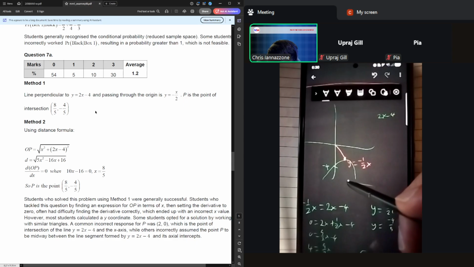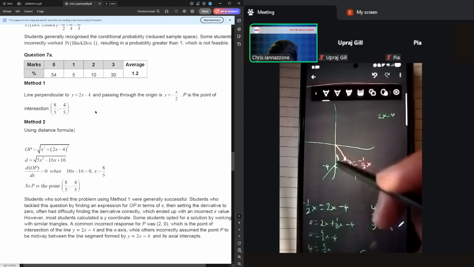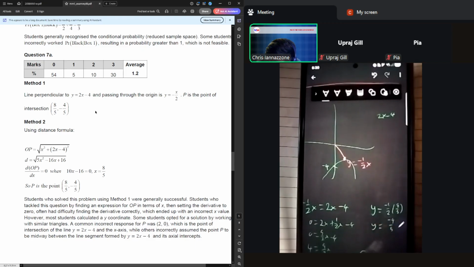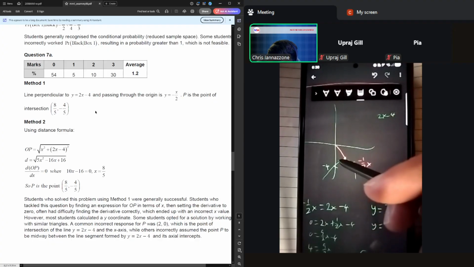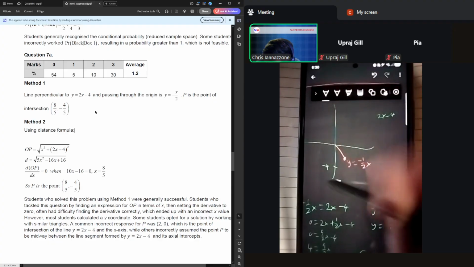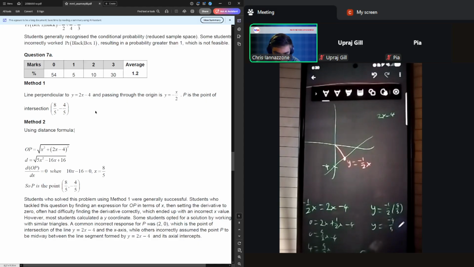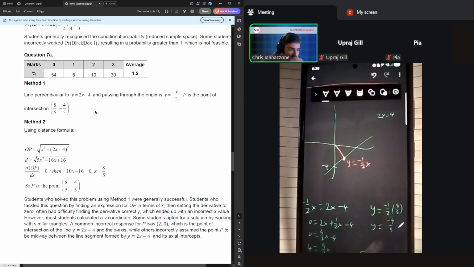You would have to do the derivative equals 0. It might not even be the minimum there, actually. But when it's linear specifically, you can make use of that. Anything else, you'd definitely want to stick with distance formula and derivative.